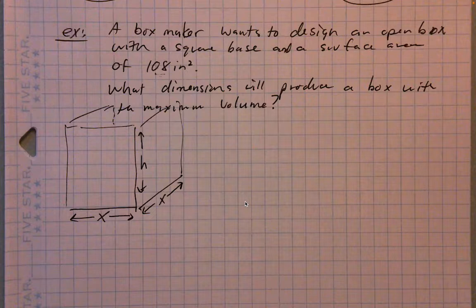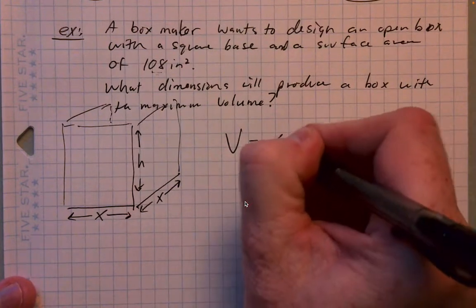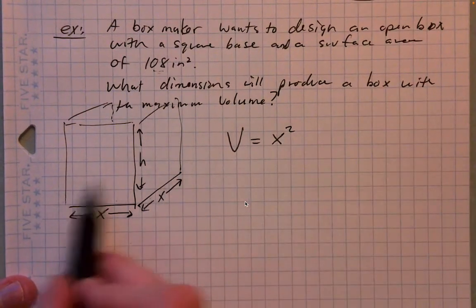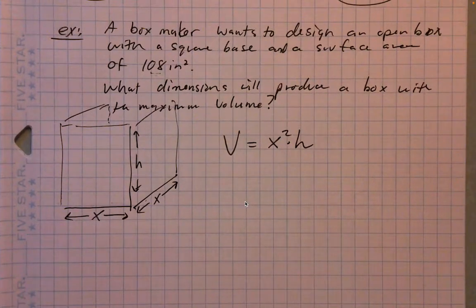We'll call it h. And what we're interested in here is maximizing the internal volume of this thing, right? The volume of the box. And so we know that the volume of a box like this would be equal to x squared, right? The area of the base times the height. So x squared times h is going to be the volume. Okay, so that's equation 1, right, that we're going to need.